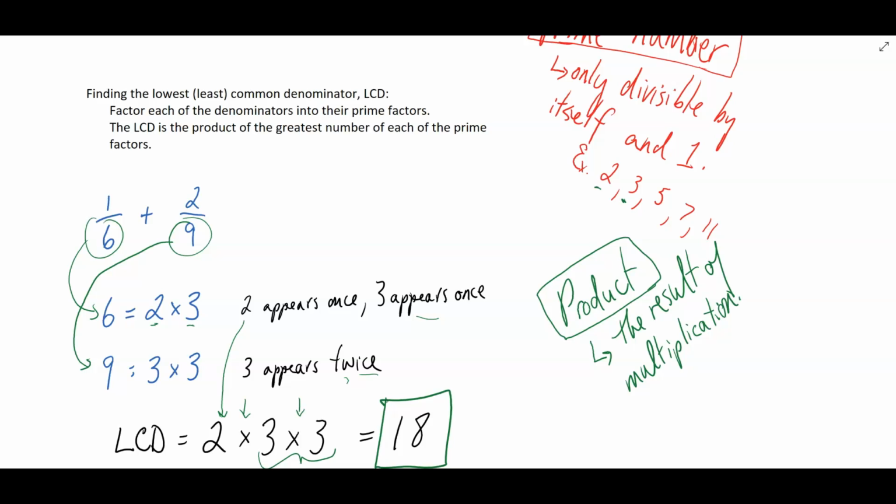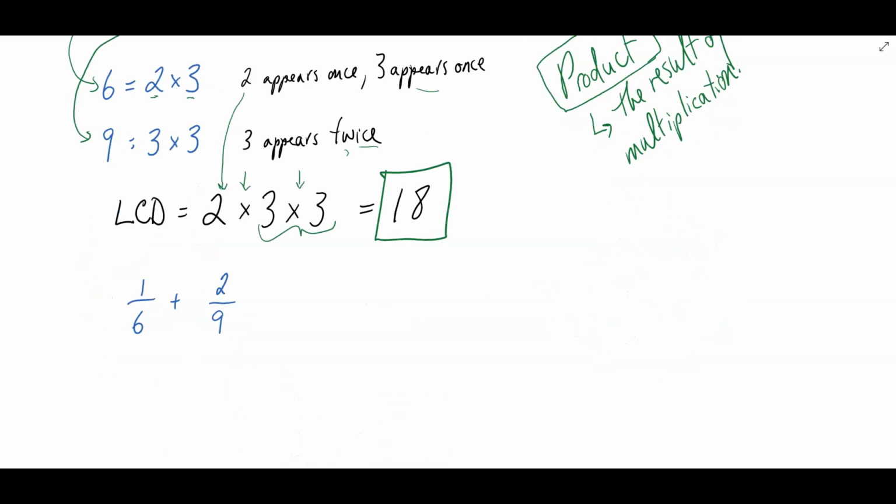Next, we should look at how we use the lowest common denominator. If I need to add 1/6 plus 2/9, that means I do not have common denominators, so I need to convert each of these to a fraction over the lowest common denominator that I have already found. I found the lowest common denominator to be 18, so I'm going to convert these to 18ths.